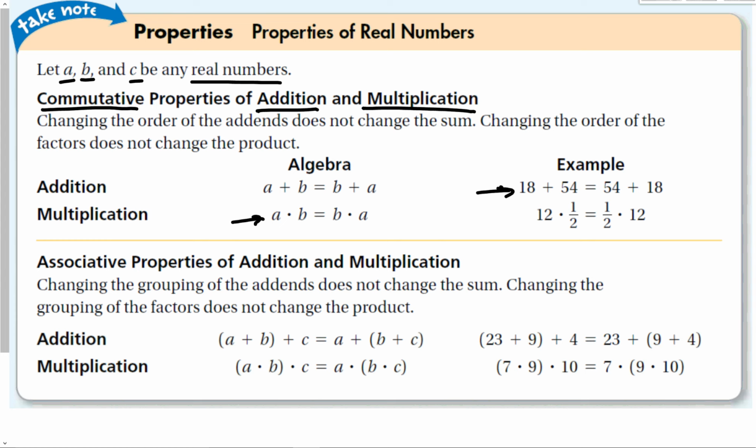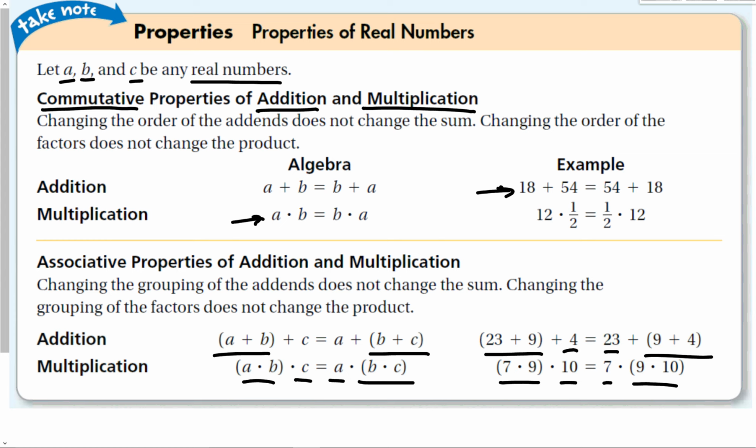So notice the difference here in that inside the parentheses we have A plus B, while on the right side we have B plus C. Okay, so the stuff inside the parentheses is what's changing. In my example, we have 23 plus 9 plus 4 is the same thing as 23. Notice now on the outside, and 9 plus 4 together. Multiplication works the same way, where we can have A times B times C is equal to A times B times C, or 7 times 9 times 10 is equal to 7 times 9 times 10.